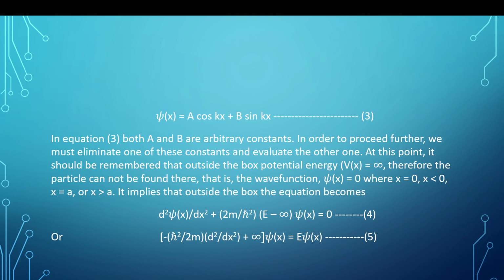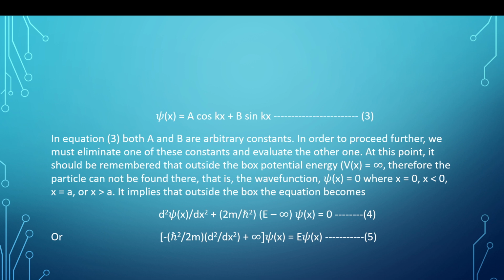For that, we will use the concept of limits. What are the limits? When x is a or more than a, or when x is 0 or less than 0, wave function psi vanishes. It means psi(x) becomes 0. This is the condition we will apply to solve this equation number 3.